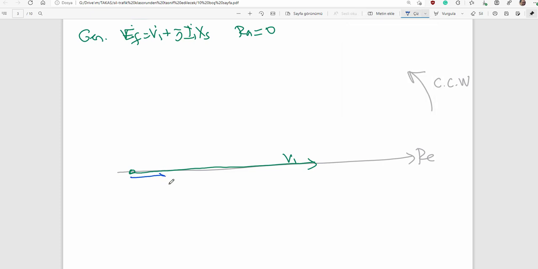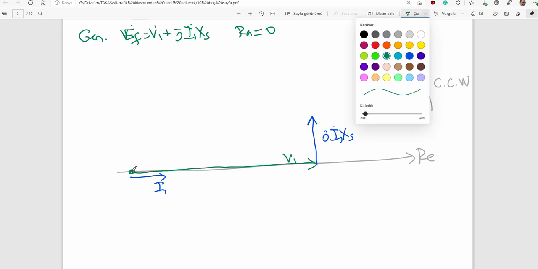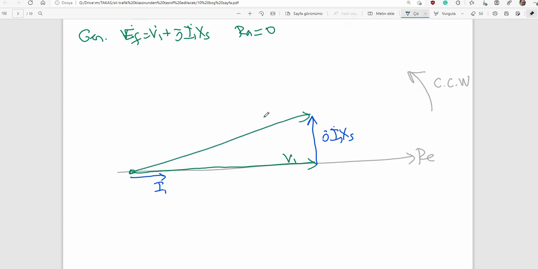Let's say current is ohmic, and then jXS I1 is here. As a result, that is EF, and that is the delta.